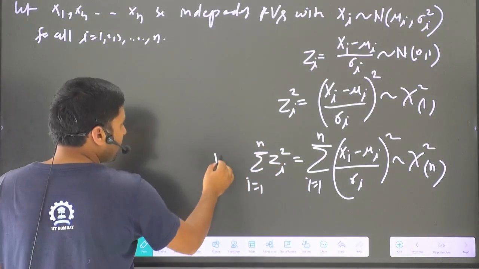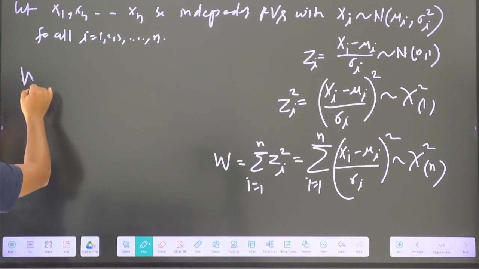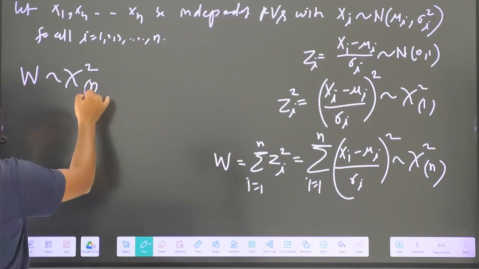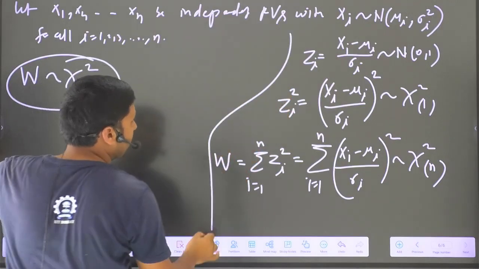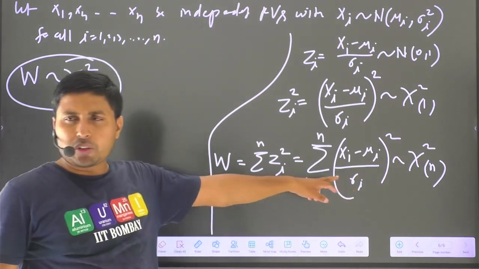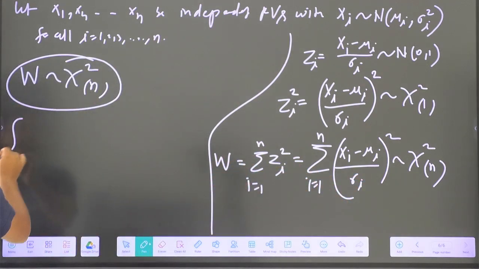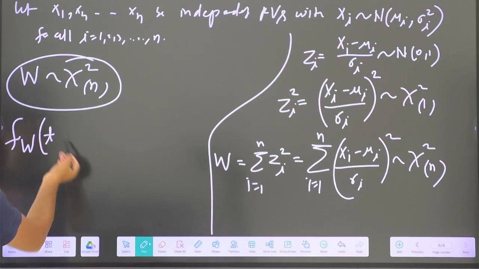I name it something, let's say w, for example. So what I'm saying is that w has chi-square with n degrees of freedom, and it is obtained from the standard normal. So through normal you can derive chi-square with n degrees of freedom, and then w will have the same PDF; whether you write it in w or t or x, it's up to you.